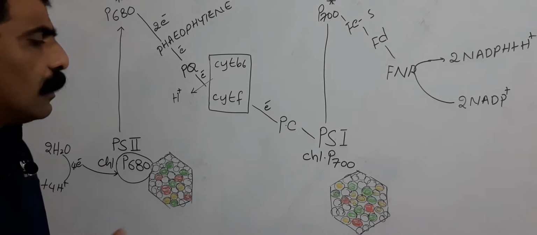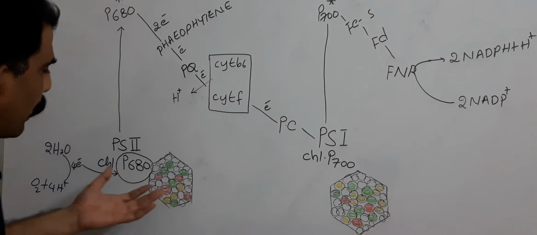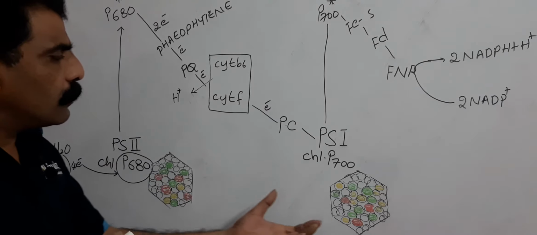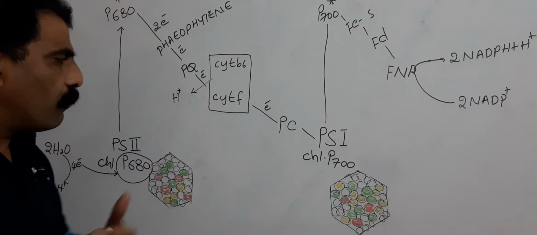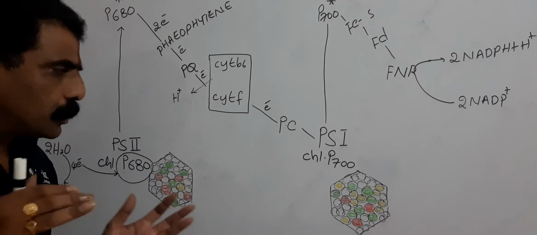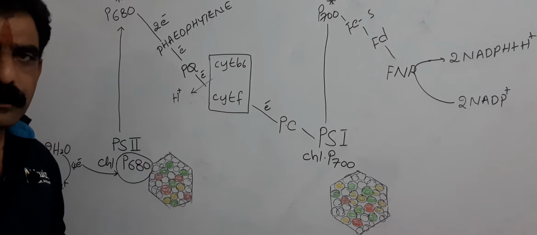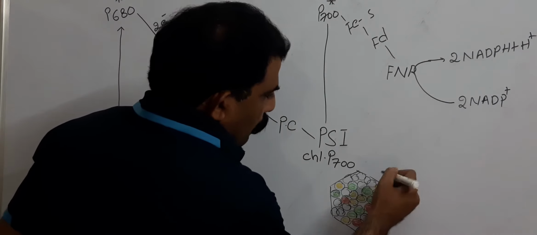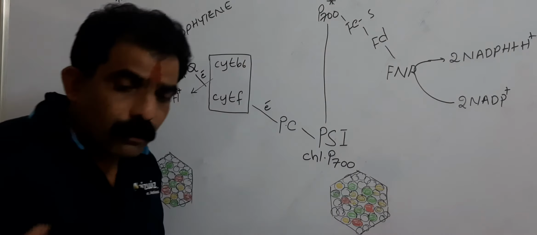So here there are two photosystems, PS1 and PS2. Here light harvesting complexes are formed. This group of pigments together constitutes the light harvesting complex. Actually, here the molecules absorb the light in the form of photons.